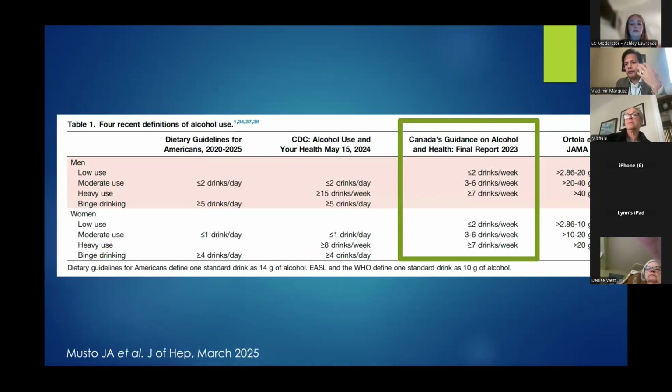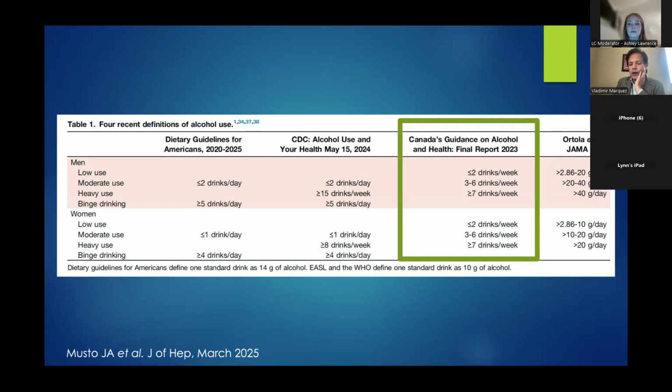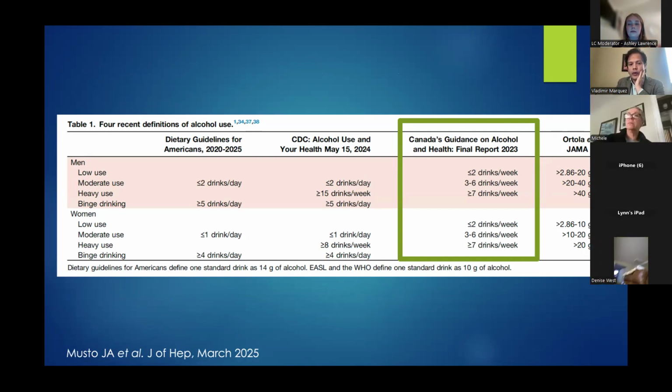Now, you've probably heard recently, a few years ago, about the Canadian guideline on alcohol and how strict it looked compared to maybe other guidelines as to how much we quote unquote were allowed to drink.